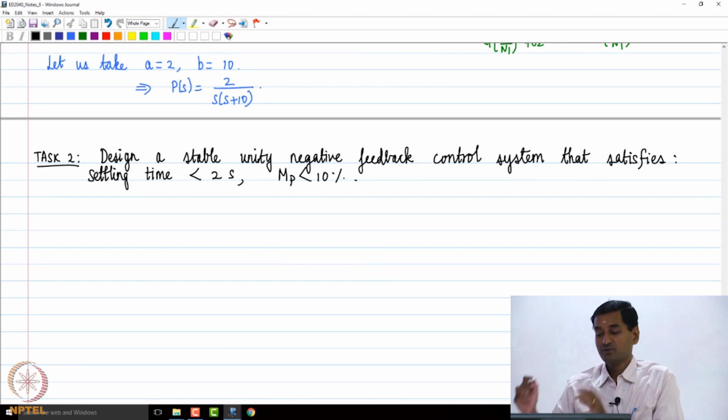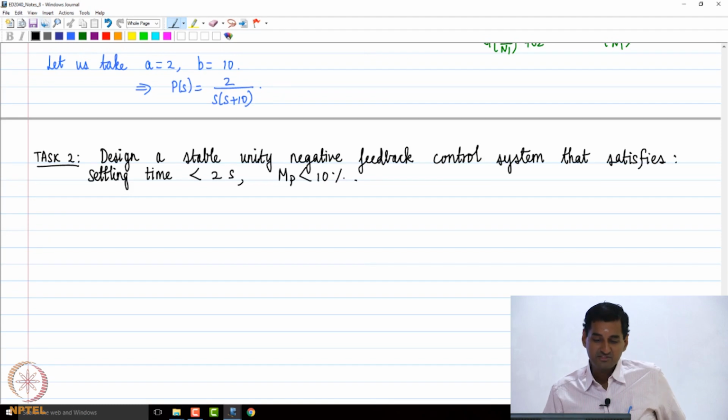Okay. So, the task for us is to design not only a stable closed loop feedback system, but also one that will satisfy these performance requirements, right, of settling time less than 2 seconds and peak overshoot less than 10%.